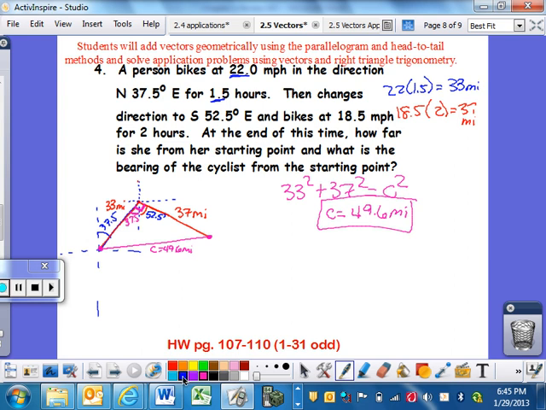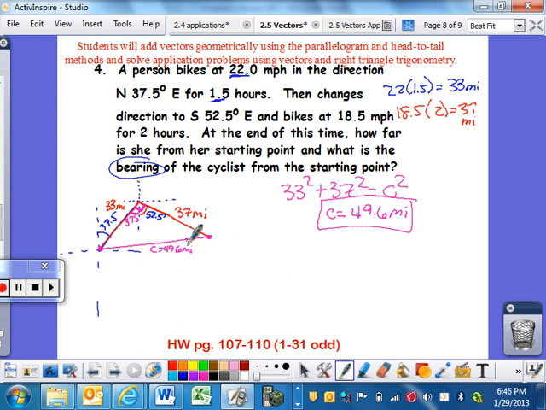And now what they also want you to do is the bearing. Now what is bearing again? If I ask for bearing, that's the whole north, south, east, west thing. Alright, so what we need to do is from start to end, what is the bearing? So am I actually traveling north from the start to the finish, or am I traveling south? At this point, the way my picture looks, I feel like it's from the north.